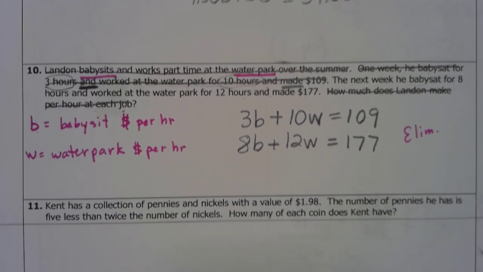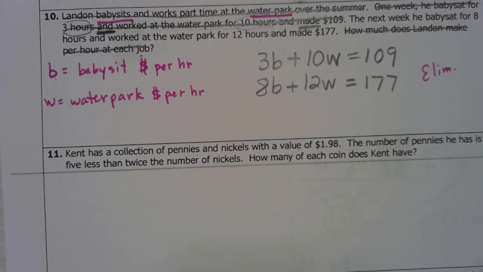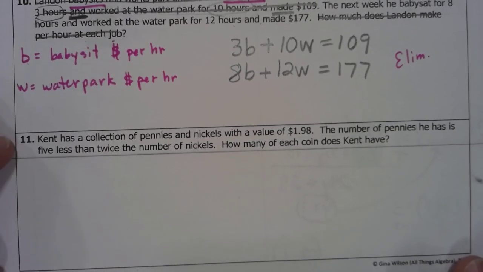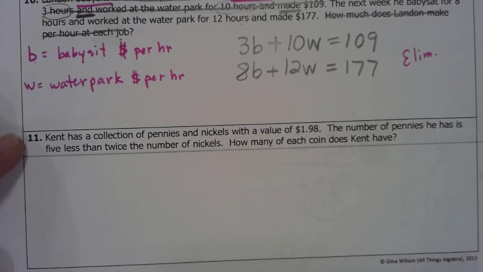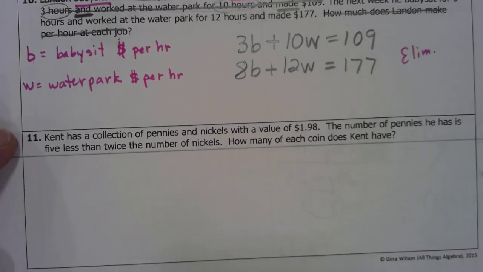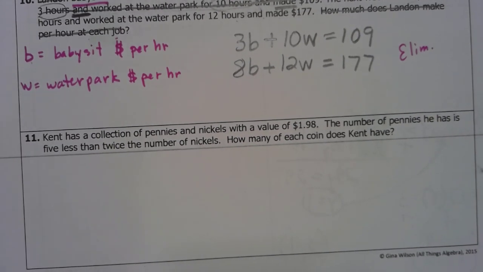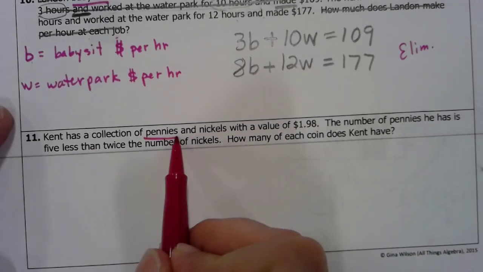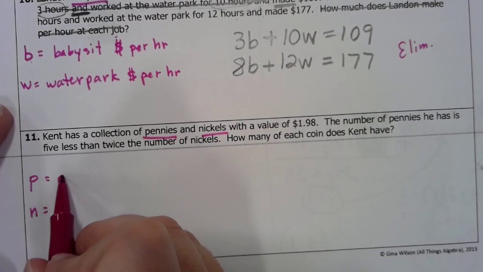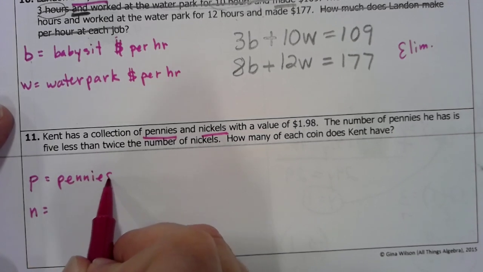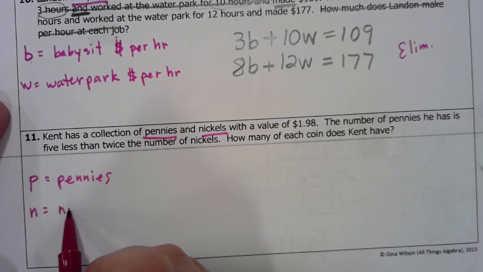Okay, last one. Kent has a collection of pennies and nickels. He's rich. A value of $1.98. Good job, Kent. Okay, so what are the things that Kent has? Because it's important to know how many of each he has. Pennies and nickels. So P for pennies and N for nickels. Are we talking about how much each one is worth?